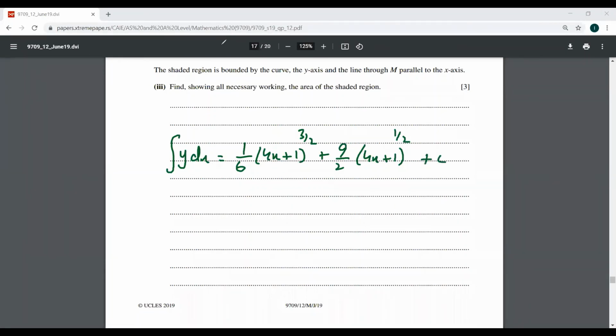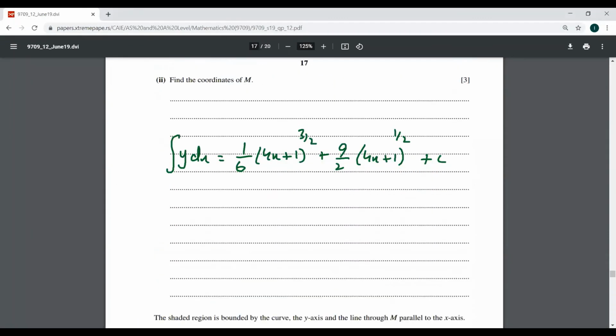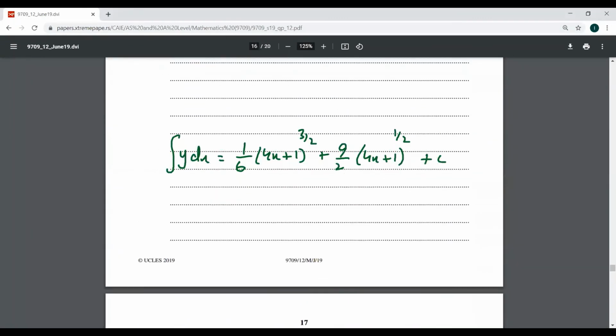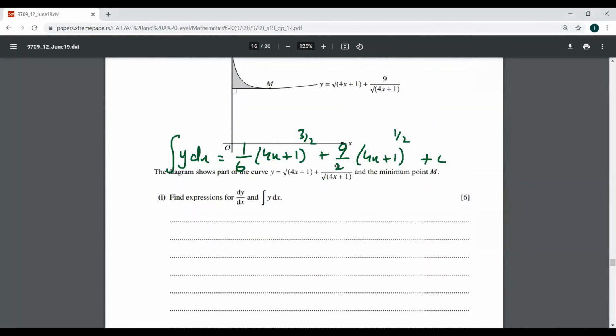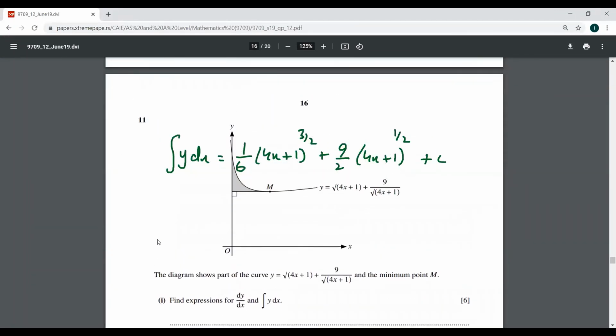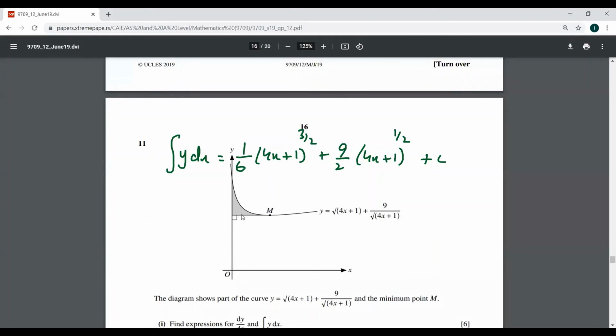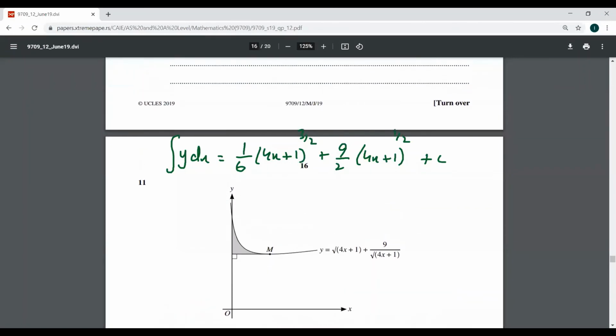Let me go back to the question. It says the shaded region is bounded by the curve, the y-axis, and the line through M parallel to the x-axis. Let me see how this looks. So we have to find all this area. So what we can do over here is, the integral has also come here.